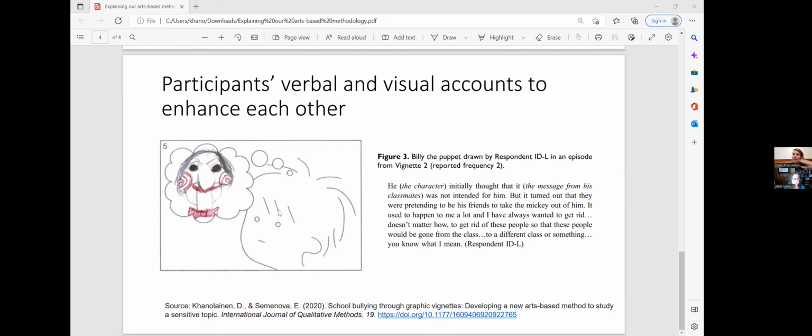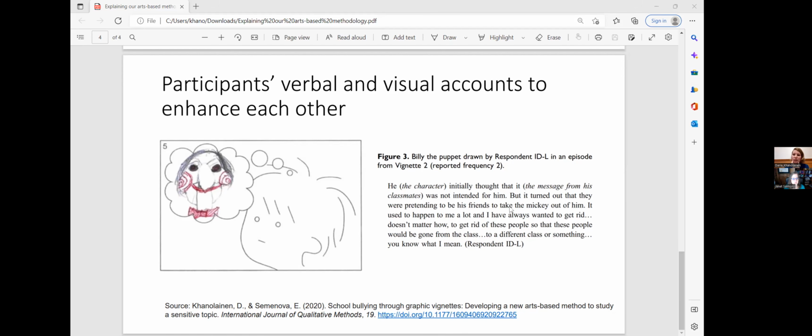This participant previously admitted to being bullied by his classmates, and was switching from talking about his character to talking about himself, and back and forth. When a person has this personal experience, it may be natural for them to say things like, I would want those people to be gone, not wanting some people to be present in their classroom.